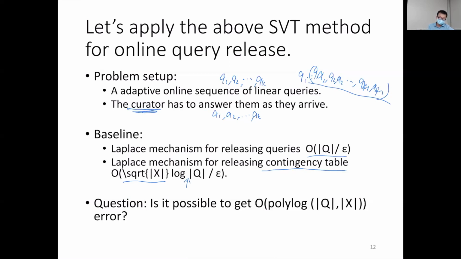So the goal of the algorithm design with sparse vector is that we're hoping to get a polylog dependence on both the cardinality of the query space and the size of the data space. Then it gets the best of both worlds.